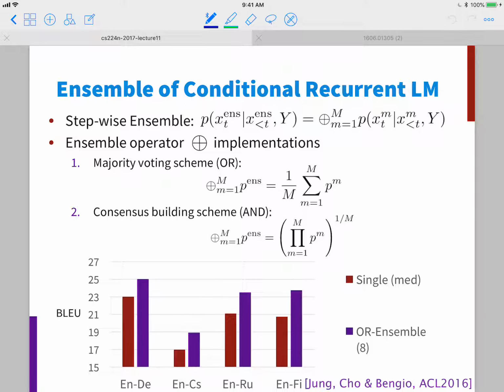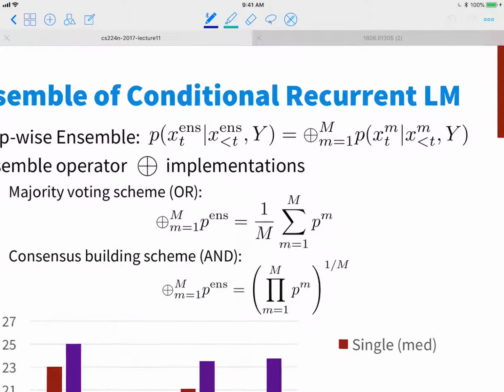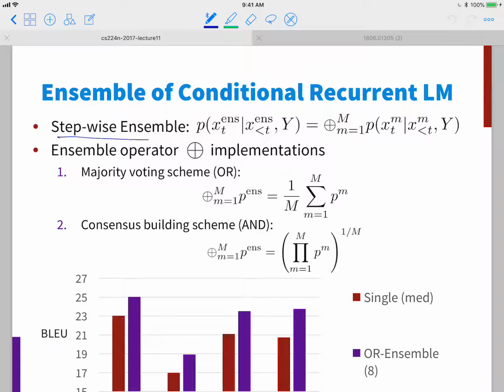So let's think about how each of these strategies will work in the context of ensembling multiple models. Let's look at the first one. How does it work?